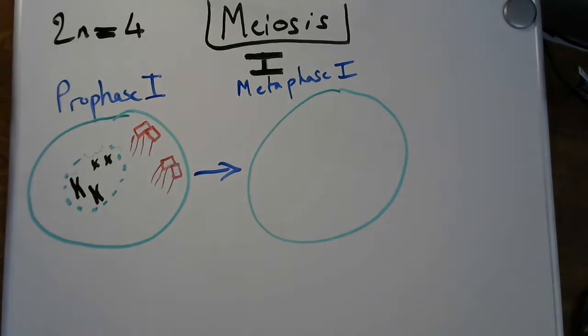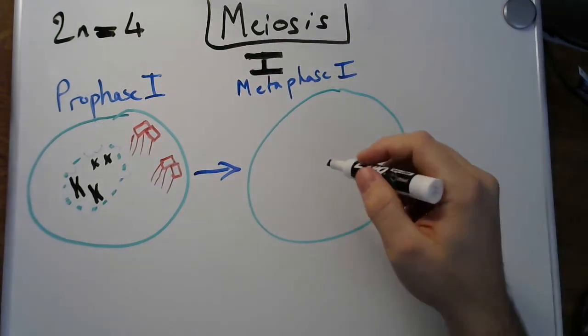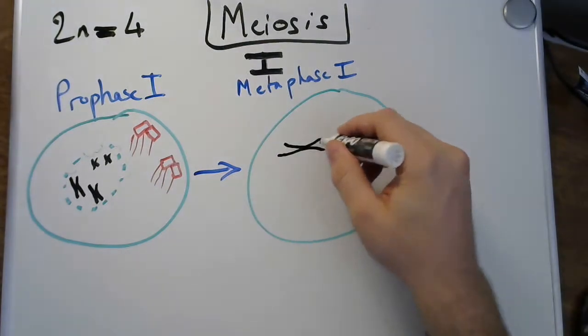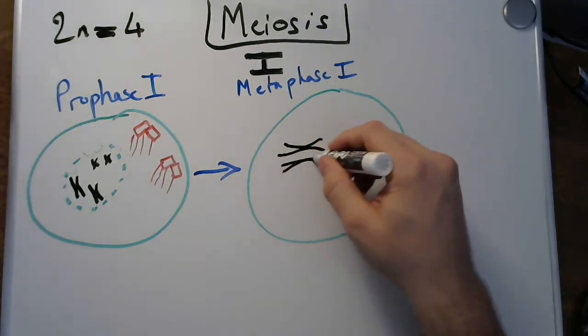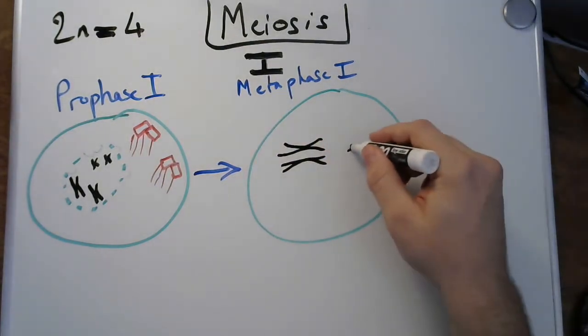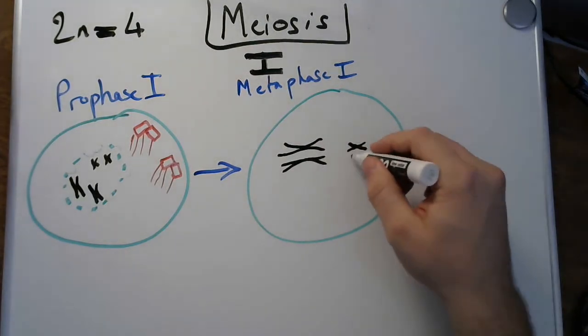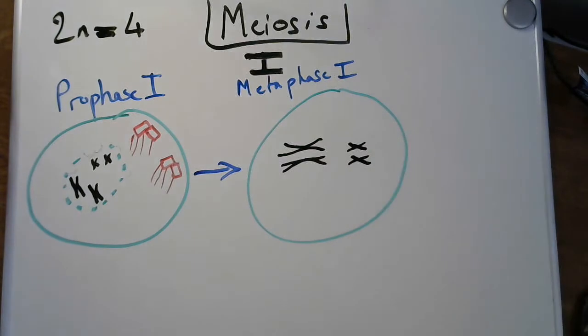In meiosis, the sister chromatids are not separated in meiosis 1. The homologous chromosomes are separated. So what aligns in the plane in the middle are the homologous chromosomes, and they put themselves on either side. So you will have one of the big guy here and the other big guy here. And then the small guy and the other small guy.